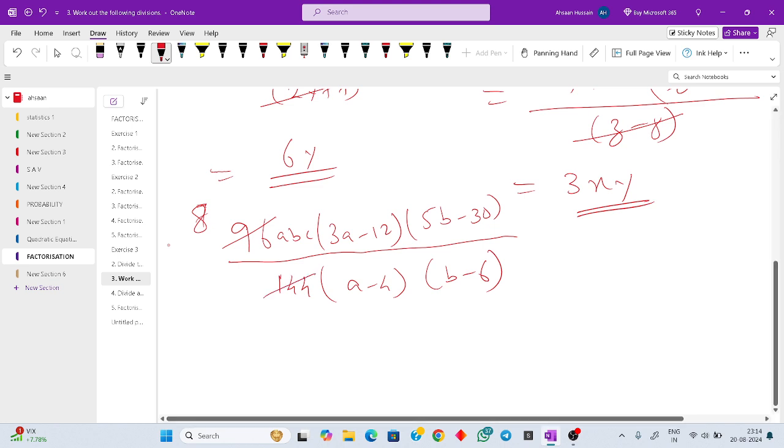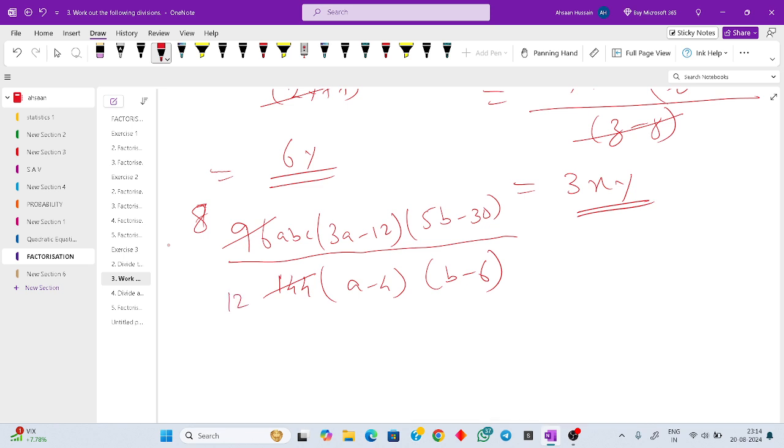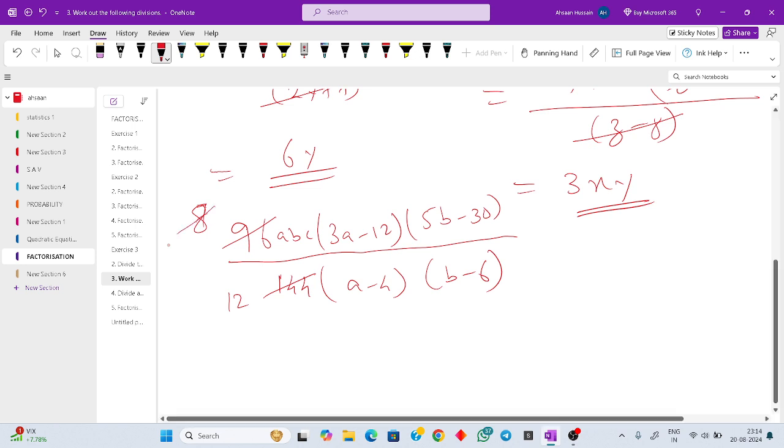And 12 12 times is 144. Then also again we can cancel it by 4. 4 2 times and 4 3 times. Now let's write it one more time clearly.